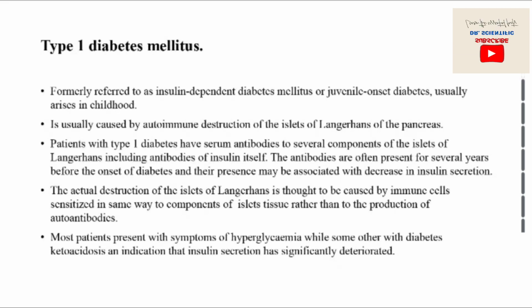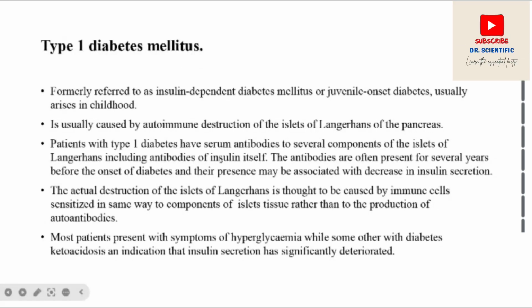The actual destruction of the islets is thought to be caused by immune cells sensitized in some way to components of islet tissue rather than by the production of autoantibodies. Most patients present with symptoms of hyperglycemia, while some present with diabetic ketoacidosis, which is an indication that insulin secretion has significantly deteriorated.